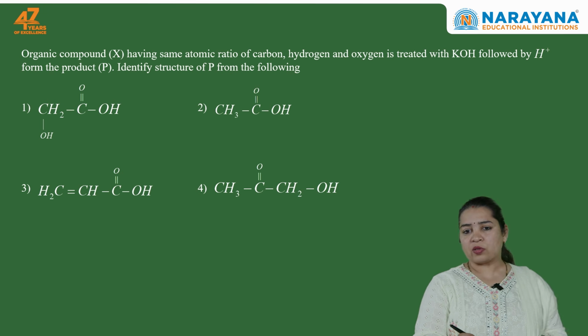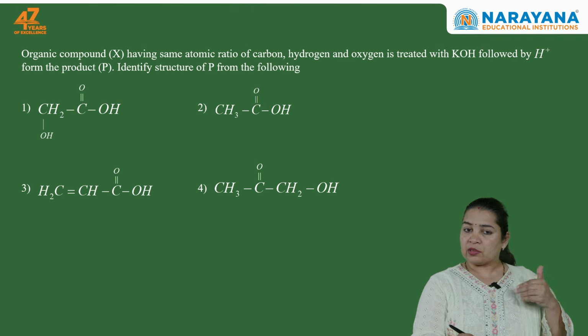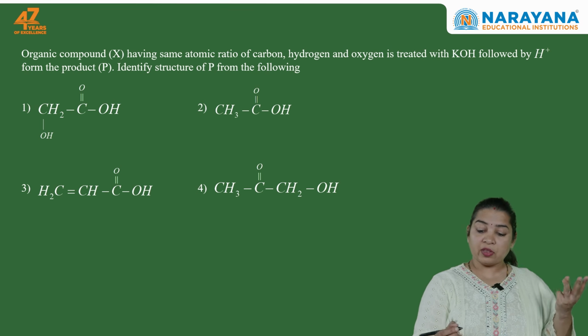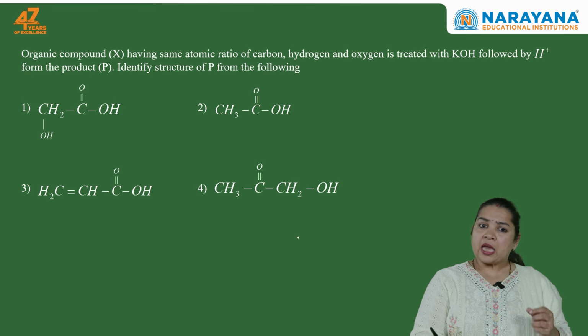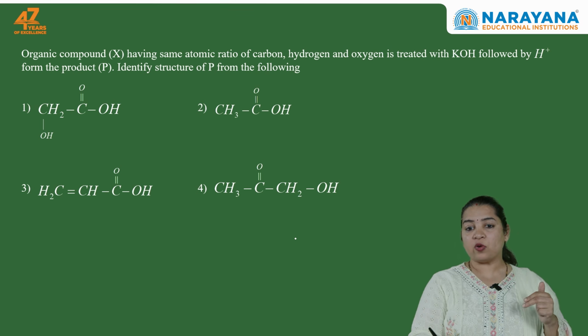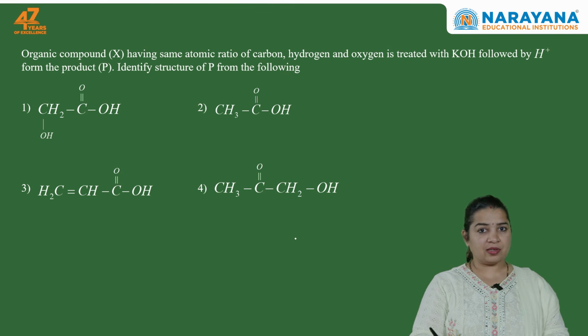As all these options appear, I have two choices. Either my original compound should have been of 2 carbons or it should have been of 3 carbons, right? Why did I say so? See, options number 1 and 2 have 2 carbons. Options number 3 and 4 have 3 carbons each. And it says the organic compound was only one, X. Correct?